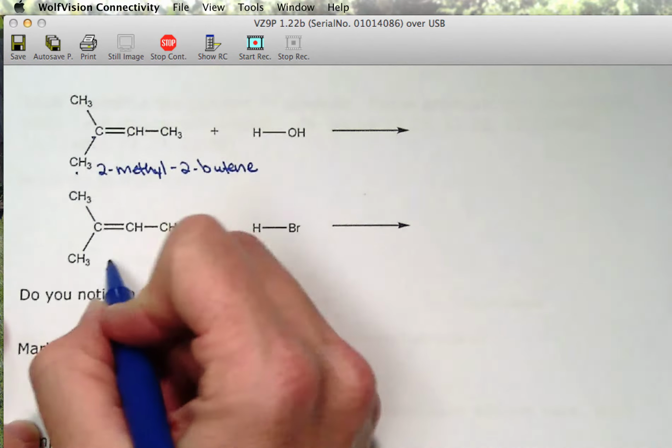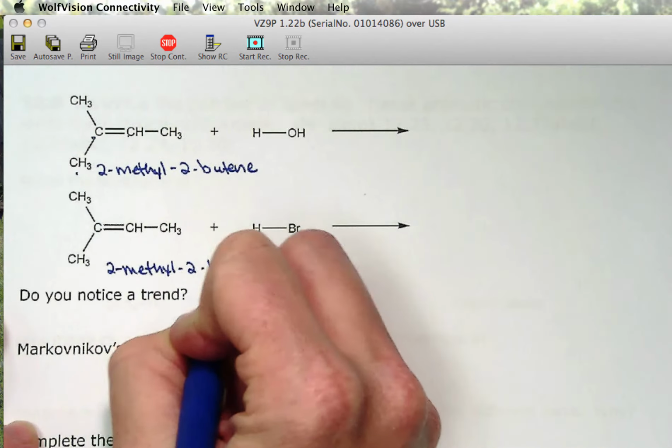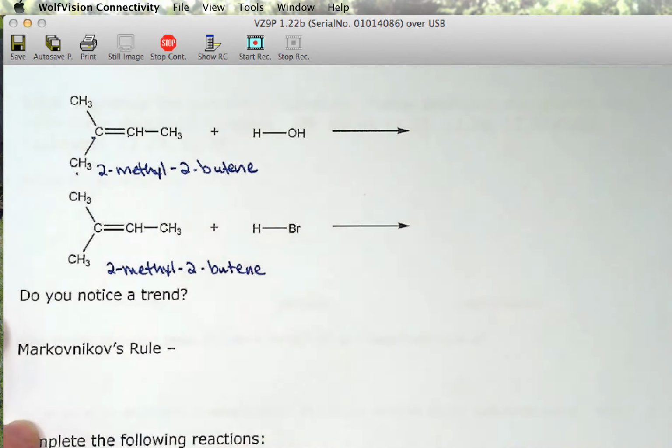So this is twice, 2-methyl-2-butene. Is that a symmetrical alkene? I haven't talked about symmetrical at all. But think about what symmetry means. It means the same on both sides, right?